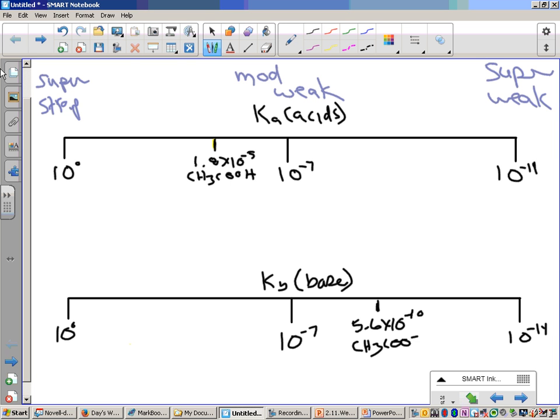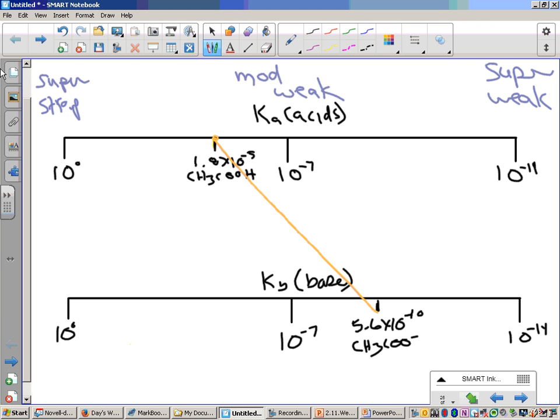And just to visually represent it, I like to take a ruler. You guys use a ruler, but I'm going to just use a line. When you have a Ka and you find its Kb, it will always cut across that 10 to the negative 7 and go on the opposite side of 10 to the negative 7. So what happens then? Here we have a moderately weak acid, and when it loses its H, it becomes a moderately weak base, but it's a little weaker than what the acid was.